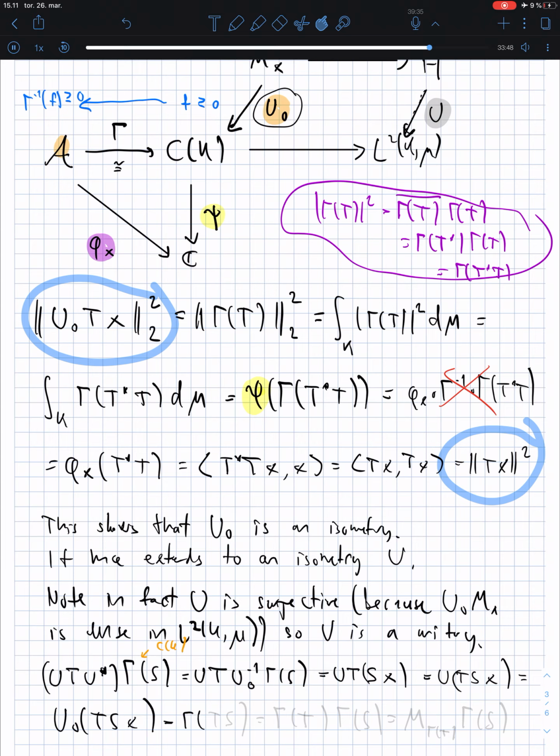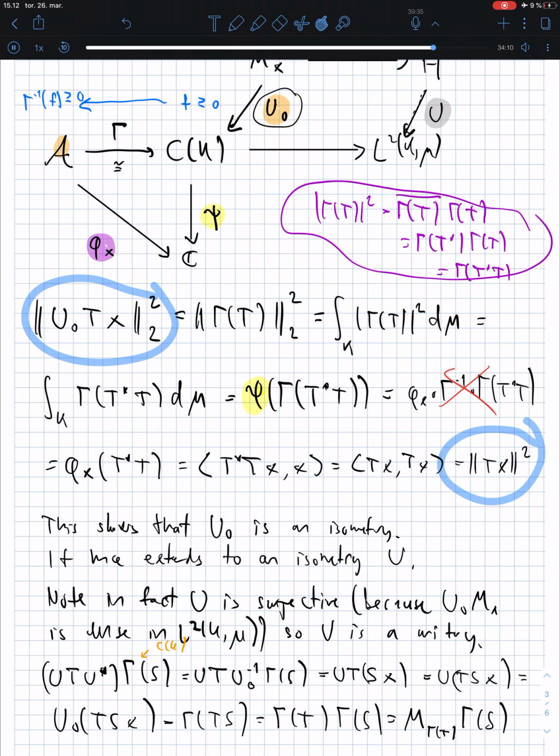By definition, it's the Gelfand transform of T S. And we know that the Gelfand transform is a homomorphism, so that's the same as γ_T times γ_S. Or if you like, it's the multiplication operator that you get from the continuous function γ_T applied to γ_S.